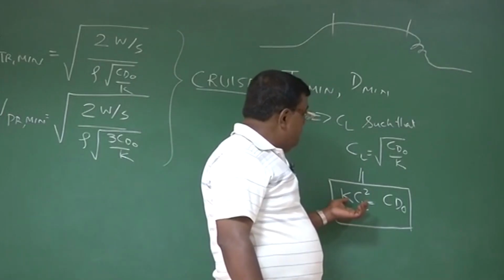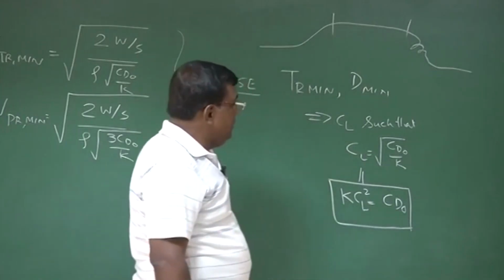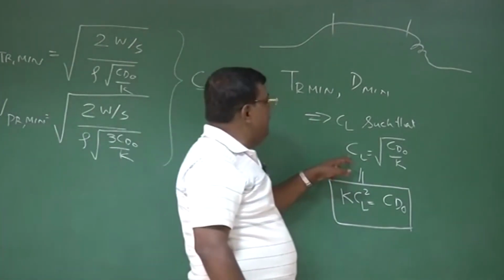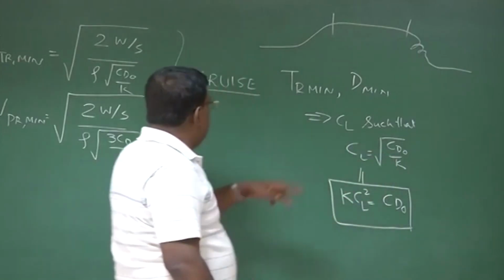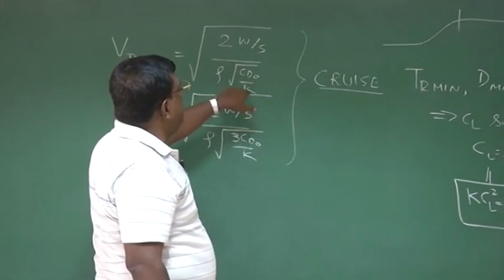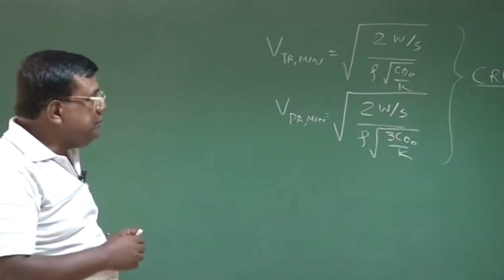When the induced drag component and the parasite drag component, in terms of coefficients, are the same, and only at that point, I am flying at a CL equal to root of CD naught by K, which also means I am flying at a velocity of under root 2W by S rho, divided by root of CD naught by K. I will be getting thrust required minimum, right?